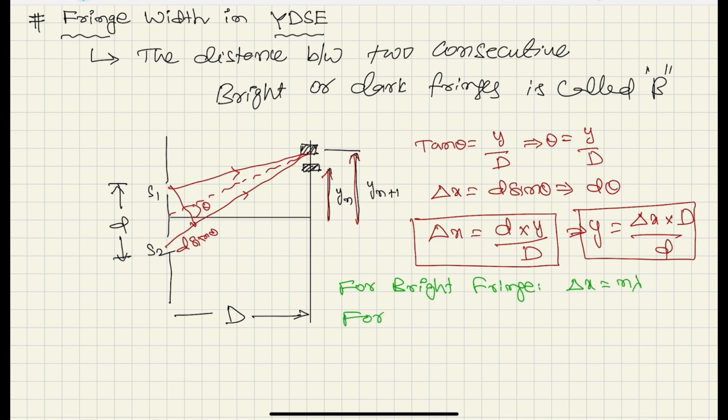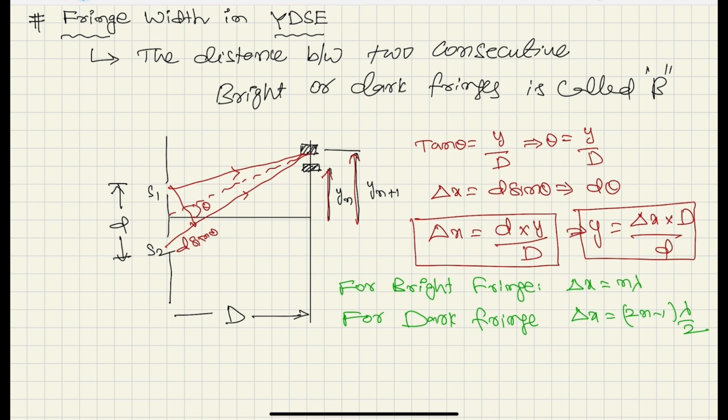For a dark fringe, delta x is equal to odd multiples of lambda by 2, that is 2n minus 1 into lambda by 2. So for the bright fringe, delta x is equal to n lambda, and for the dark fringe, delta x is equal to 2n minus 1 into lambda by 2.